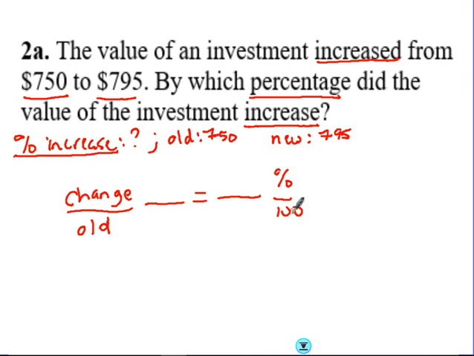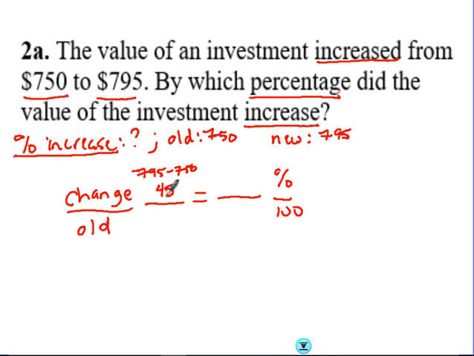Once I understand that, I go back through and ask, how do I find my change? My change is just the difference between the new price and the old price. So 795 minus 750, and you'll find when you calculate that, that's a difference of $45. So this investment increased by $45.